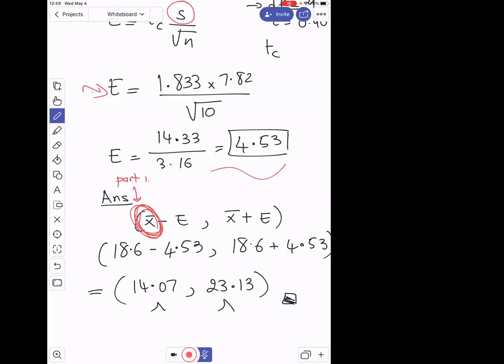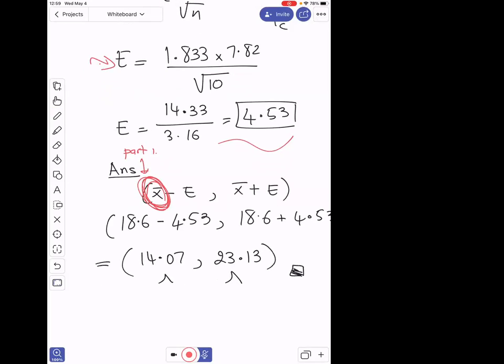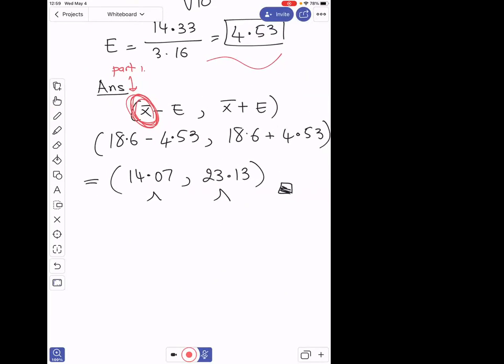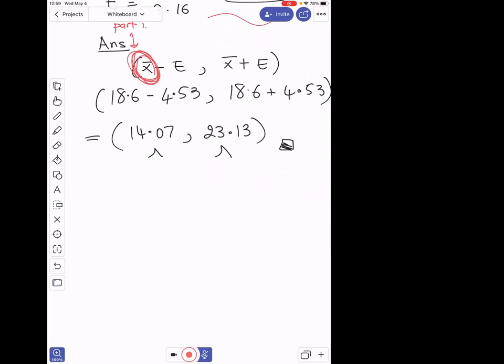I think we probably have time to do the last section, 8.3. It's also about confidence intervals, but for the binomial distribution.